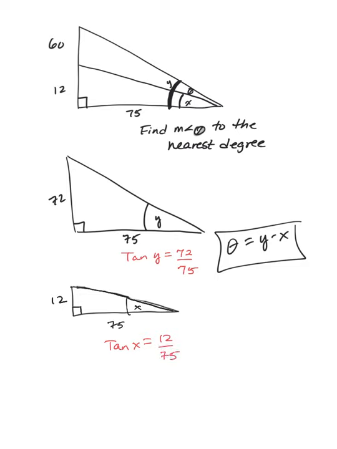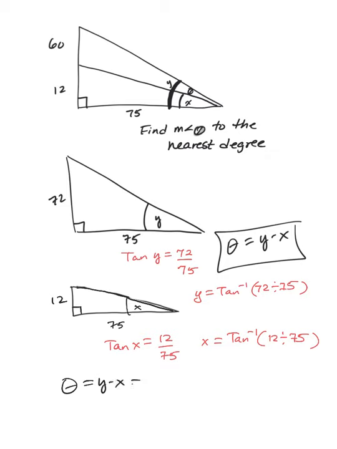So in order to get y would equal tan inverse of 72 divided by 75. You don't have to type it in until the last minute. X equals down here tan inverse of 12 divided by 75. So you can get the answer in one swoop because theta is going to be y minus x.